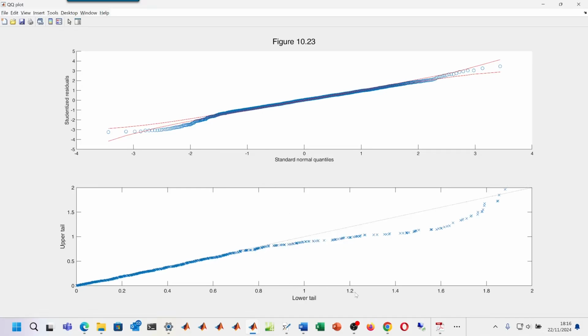This, starting from the median, plots the observation one above the median against the observation one below the median, and eventually we get this very curved plot at the top end, where the two large negative residuals we have seen are causing the plot to be curved.